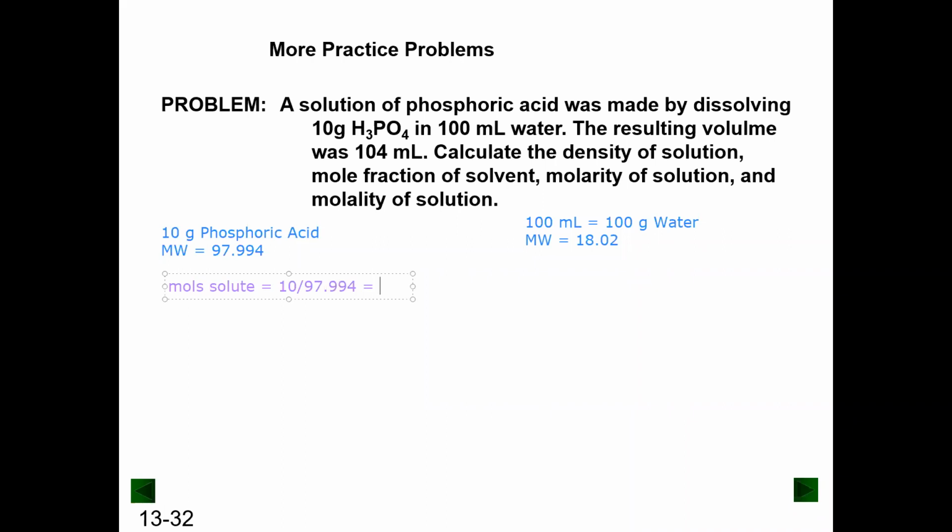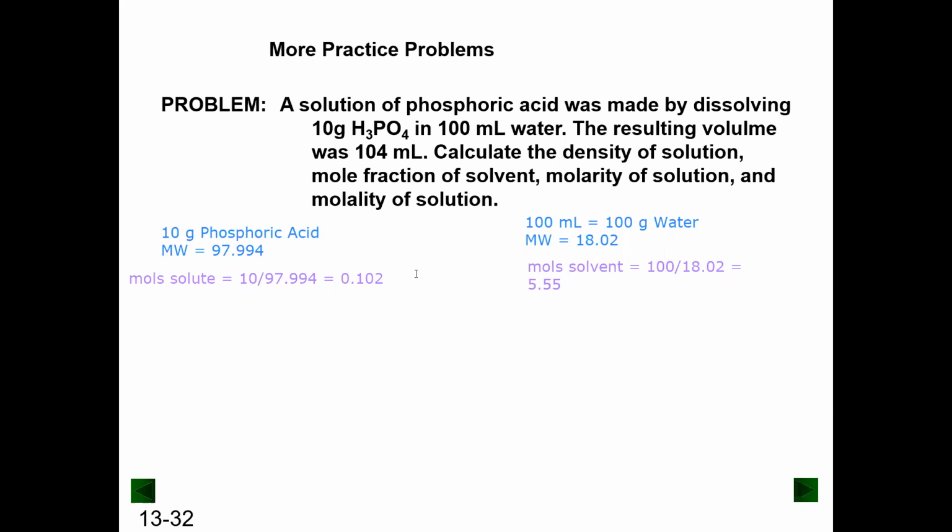Tell me what you get. Okay, 0.102. I'm going to just keep that over there. I'm also going to find the moles of my solvent, which is my water. This one is 100 divided by 18.02. This gives us 5.55.